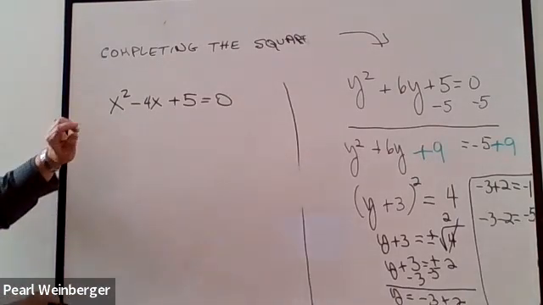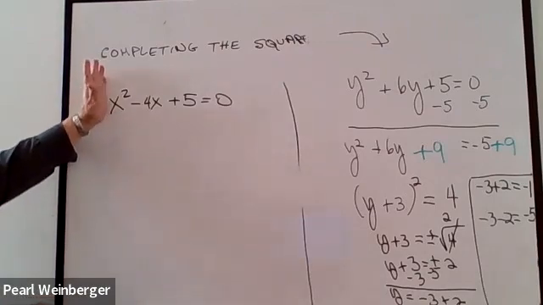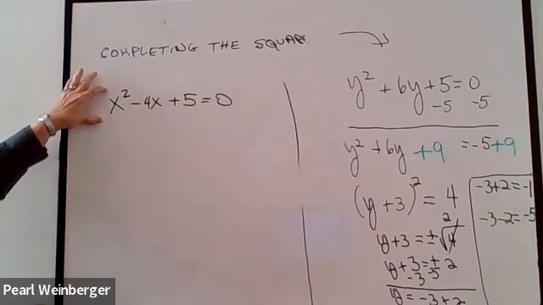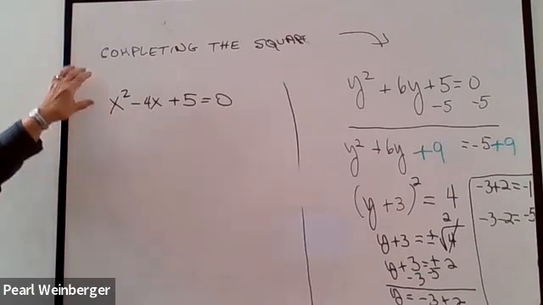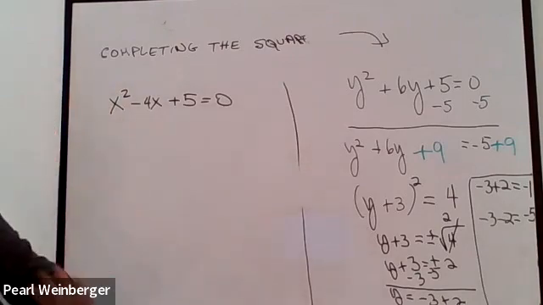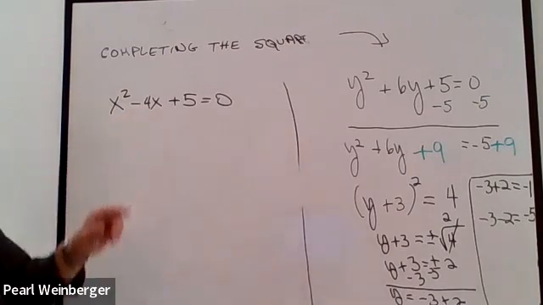Now, when do I use this new method? When my original example, the leading coefficient of the x squared is just 1. I don't have any number in front of the x squared. And the number in front of the x is even.